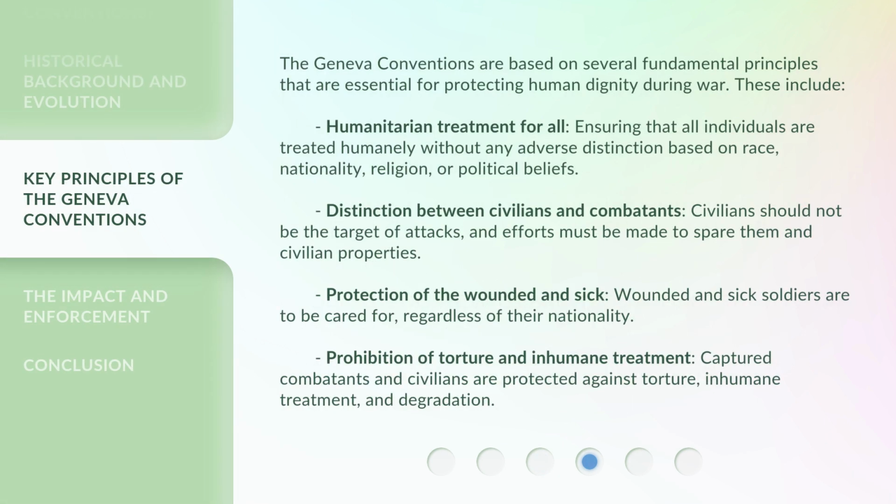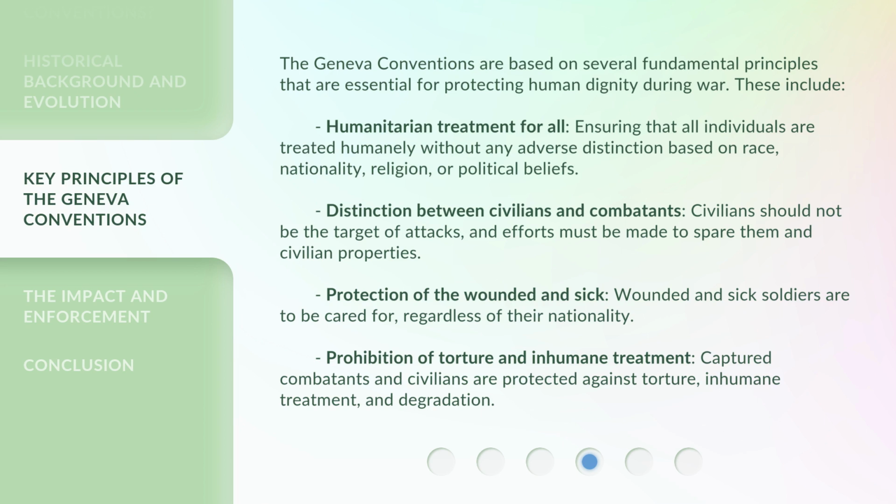The Geneva Conventions are based on several fundamental principles that are essential for protecting human dignity during war. These include humanitarian treatment for all, ensuring that all individuals are treated humanely without any adverse distinction based on race, nationality, religion, or political beliefs.